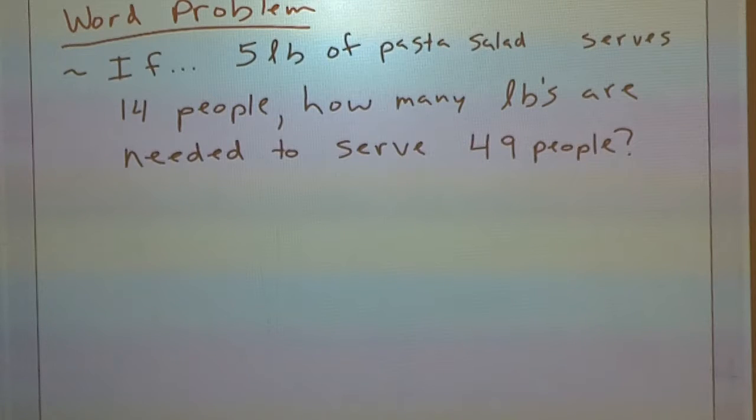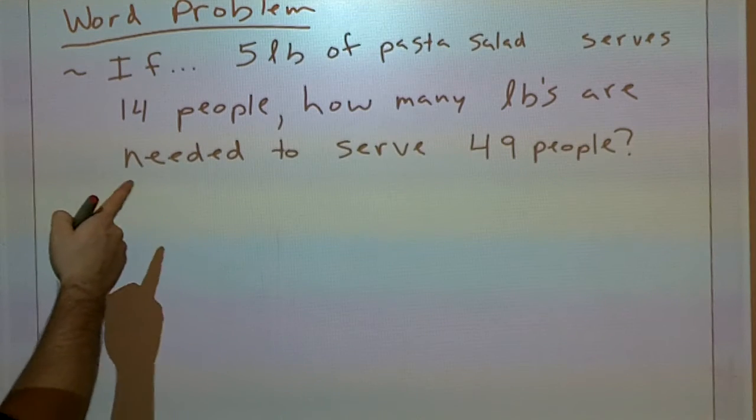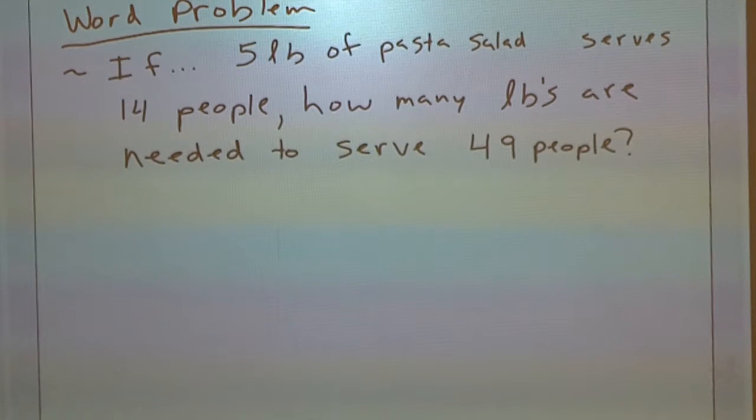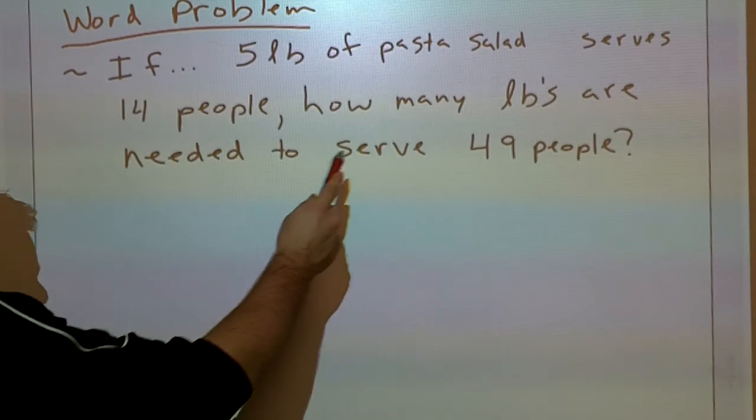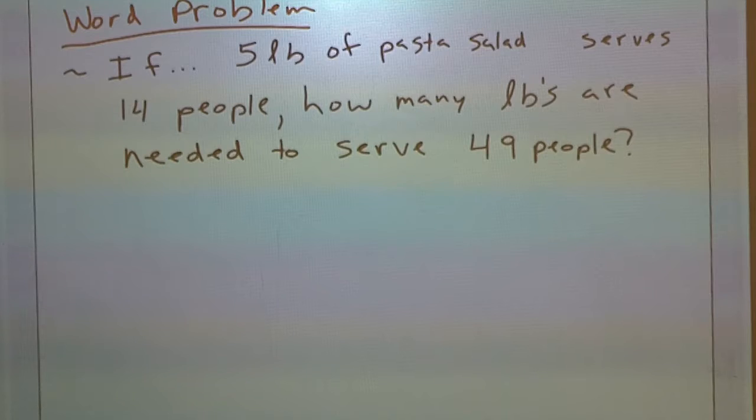Now, proportions are used all over the place, right? We use proportions all the time. Okay, let's say this situation comes up. If 5 pounds of pasta serves 14 people, how many pounds are needed to serve 49? We can set up a proportion to solve for how many pounds of pasta are going to be needed to serve 49 people.